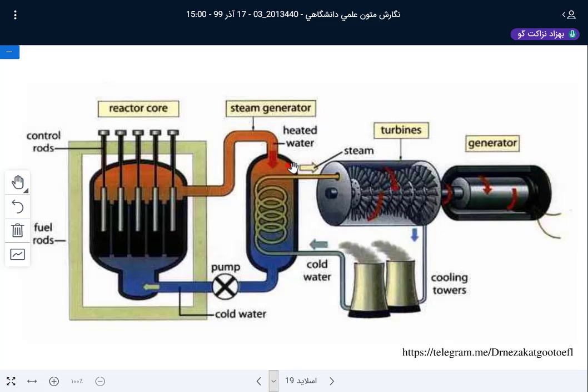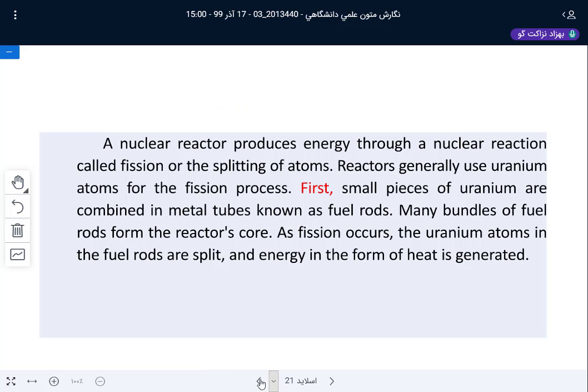So just look at this picture. Steam generator, heat water, steam turbines, generator, cooling tower, cold water pump, and then fuel rods and control rods, reactor core. This is the core of the nuclear plant. And now, with those ideas, we will come back here.